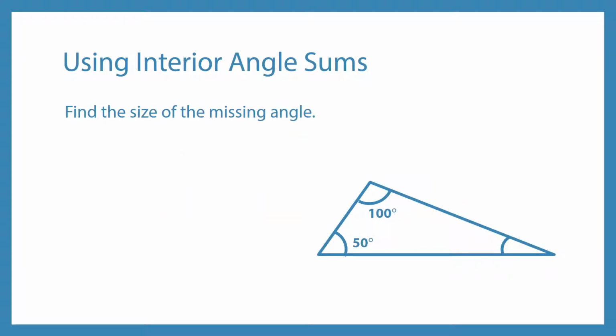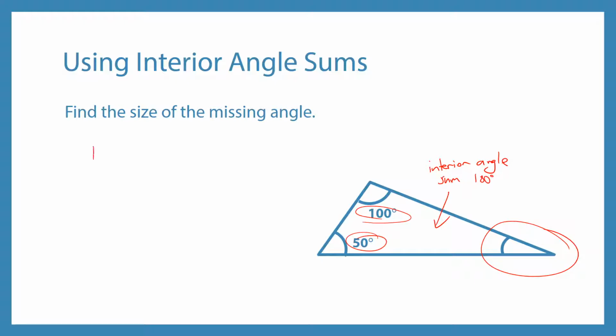Now, the interior angle sum is a useful piece of information for us to find the size of missing angles. So here we have a stereotypical question. We've been given two angles, and we need to find the size of the missing one. So to do this, we need to work out the interior angle sum of a triangle. We know that the interior angle sum is 180 degrees.